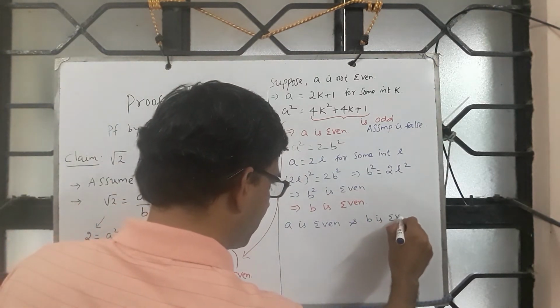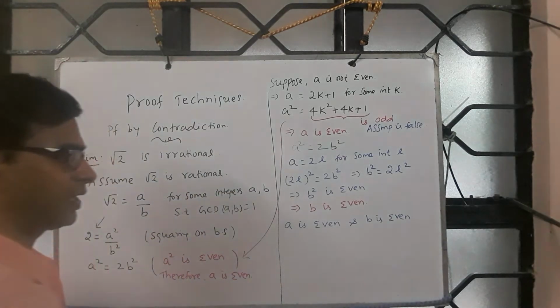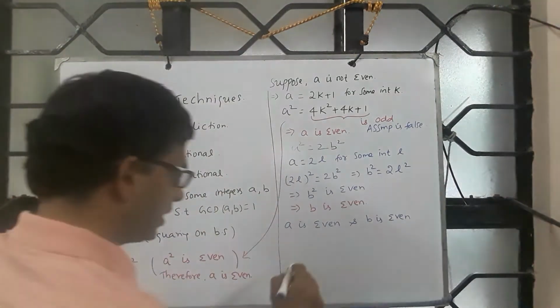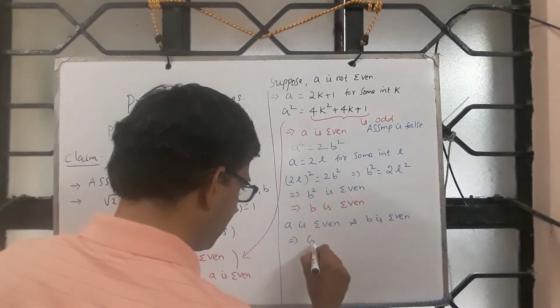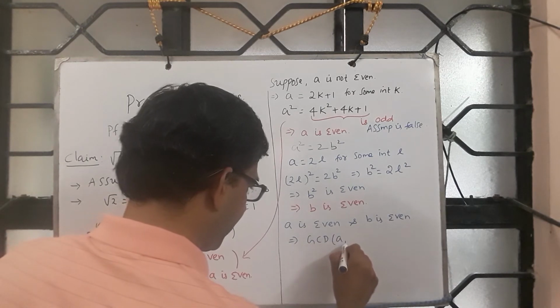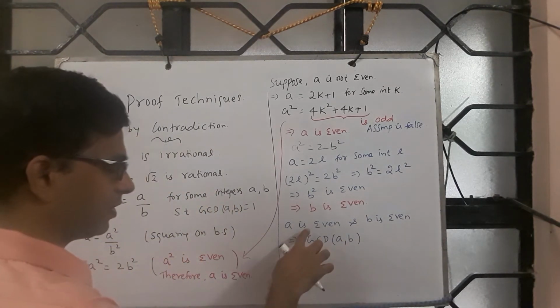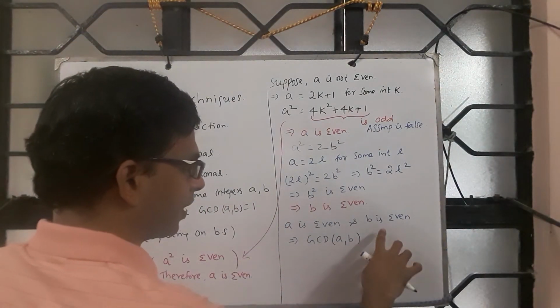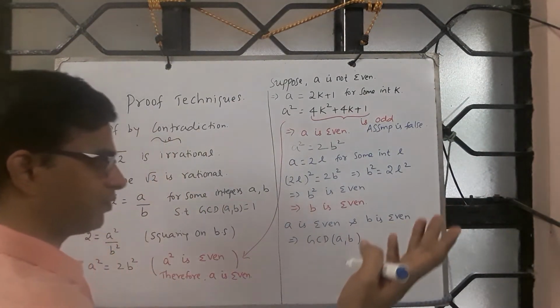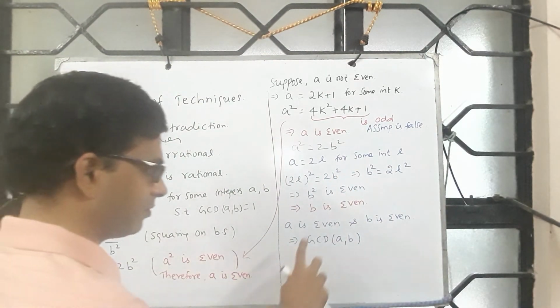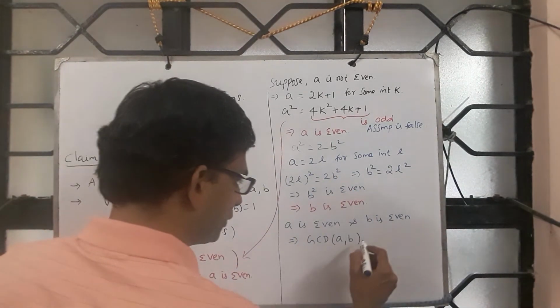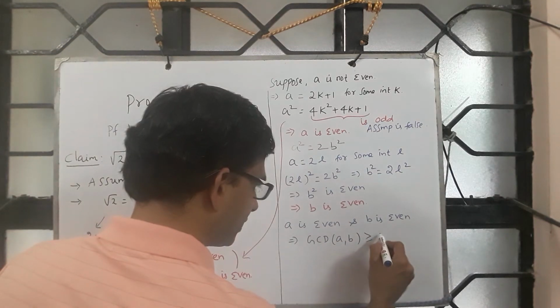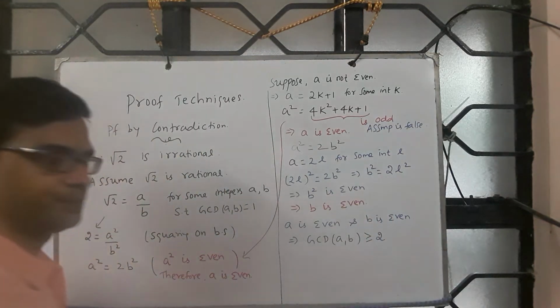That's what we have arrived at so far. Correct? Which means what? This implies that GCD of a comma b is at least 2, since both are even numbers, it could be 2 or 4 or 10, 100, some even number.